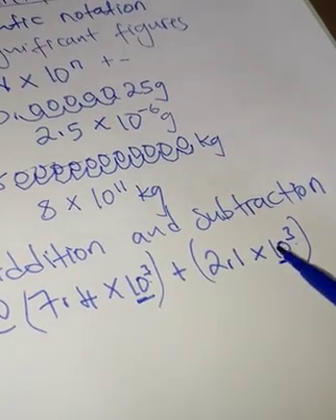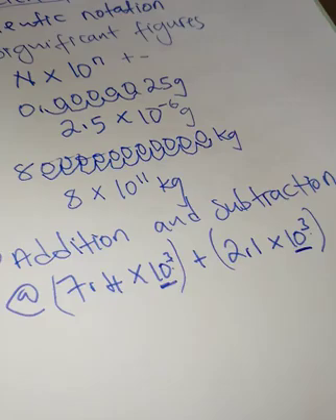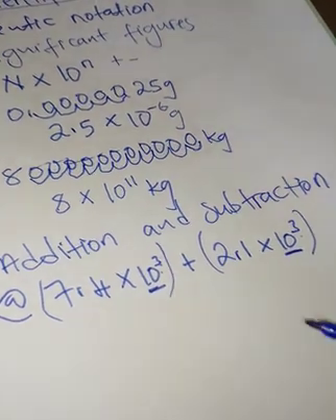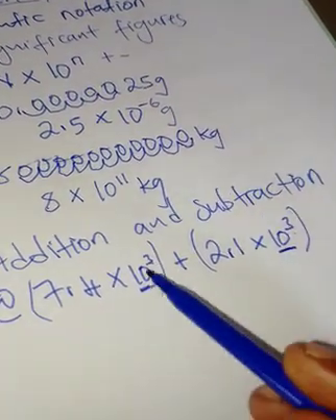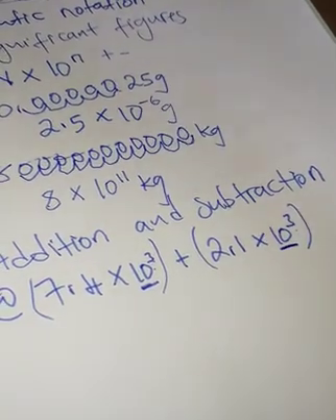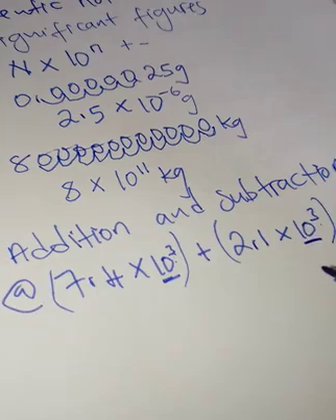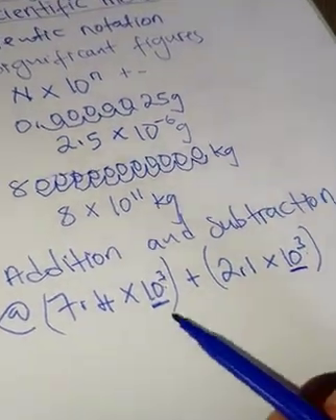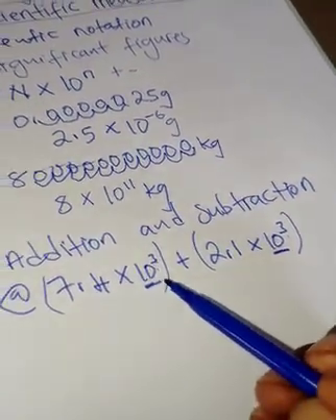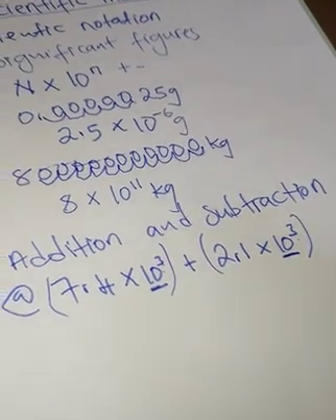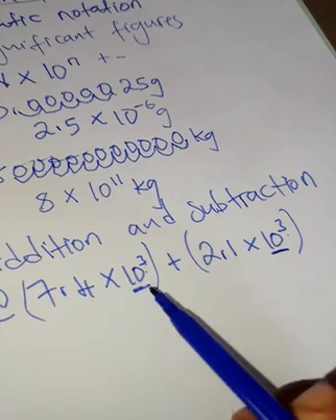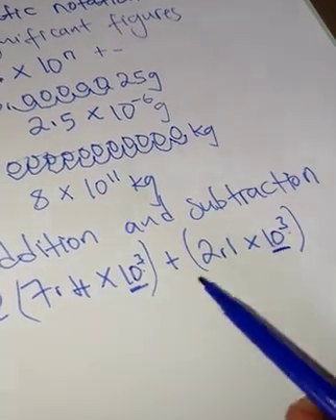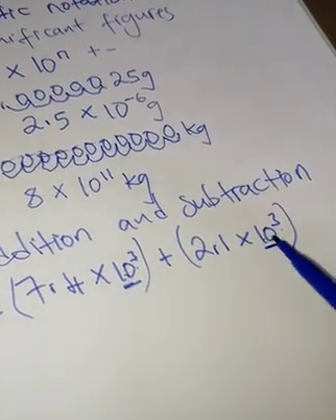If the powers are the same, you should go direct to performing your calculations. Otherwise, if the powers are different, you have to make them the same. We'll look at that, but now the powers are the same, so at this point, just go direct. What you actually do here is that if the powers are the same, it's possible to factor out this 10.